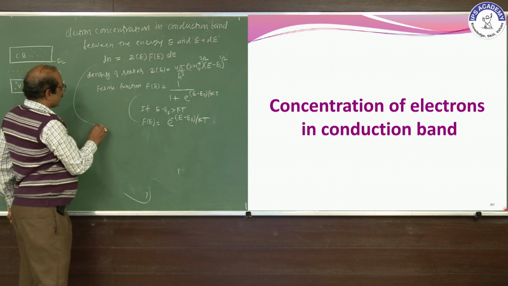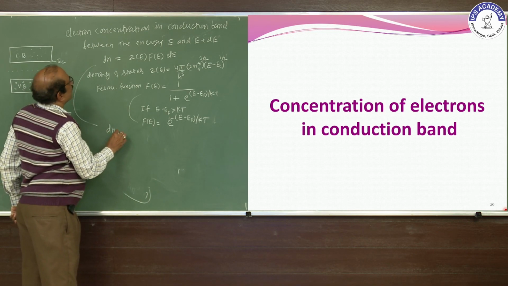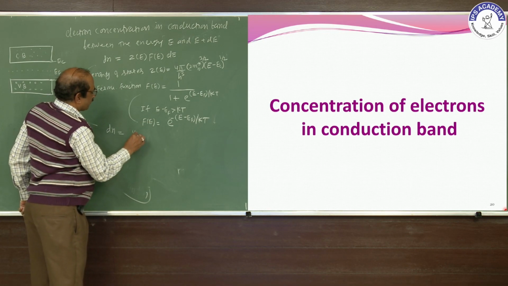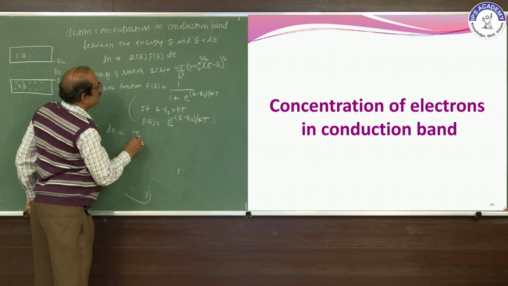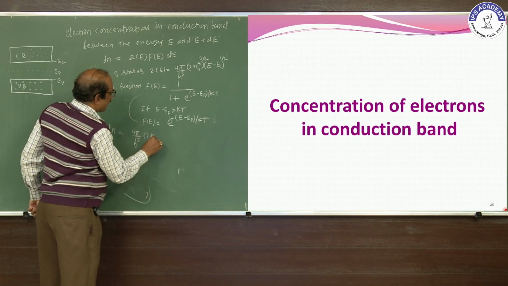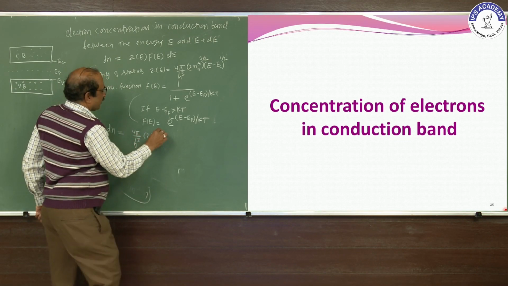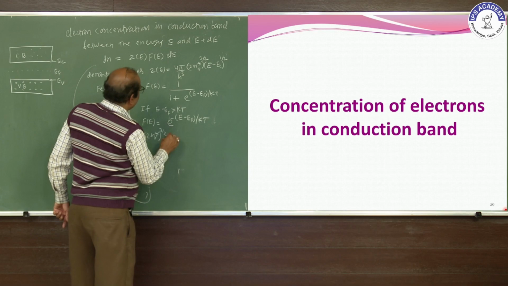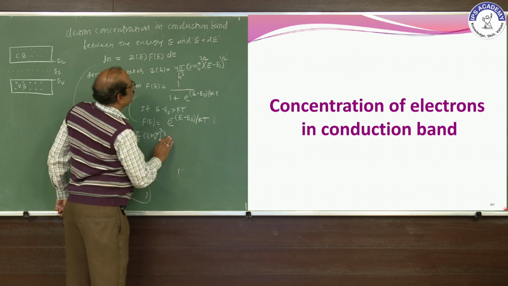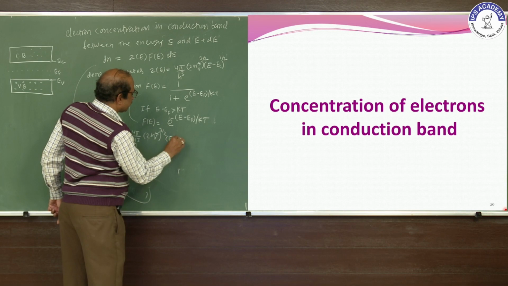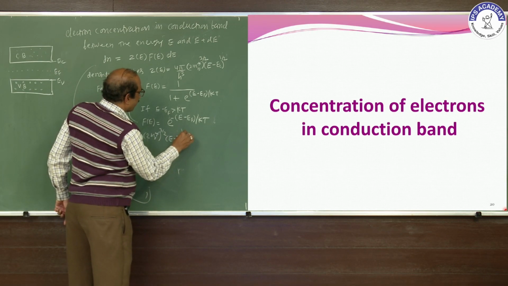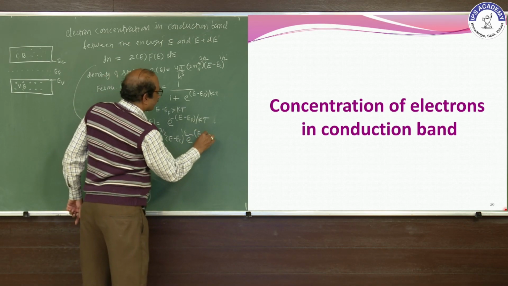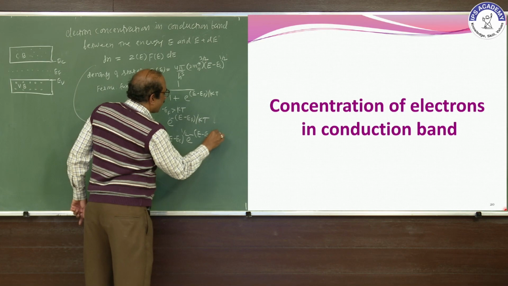So our concentration of electrons is 4 pi upon h cube, 2 mn star to the power 3 by 2, into (E minus Ec) to the power 1 by 2, into e to the power minus (E minus Ef) by kT.